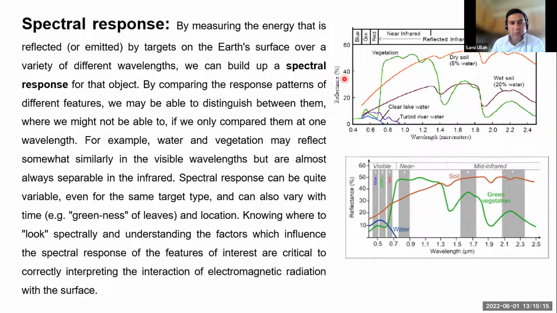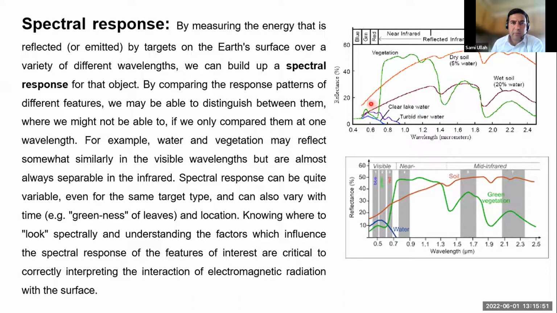If you have a look at this graph here, just take the example of vegetation. This is the reflectance, and this is the blue band, this is the green, this is the red band. Here you can see the response of vegetation: the green color is not that much separable, but if you look at the near infrared portion, the response of the vegetation is quite high. The graph of the vegetation is quite different as compared to the dry soil, wet soil, clean lake, turbid river, and other things.